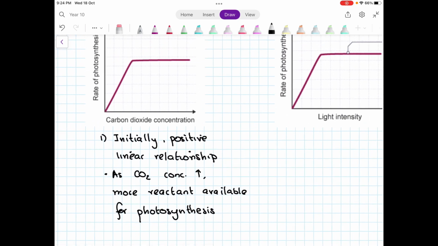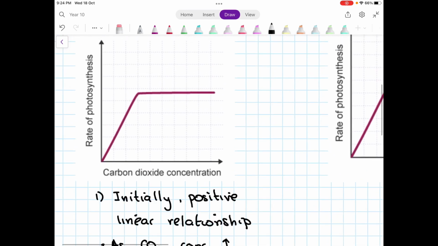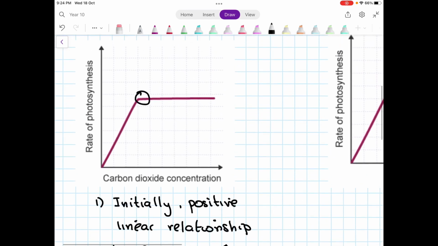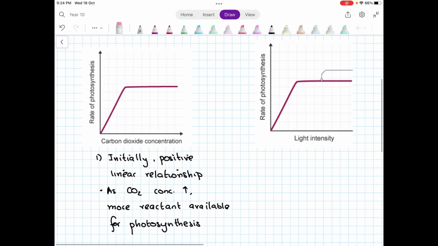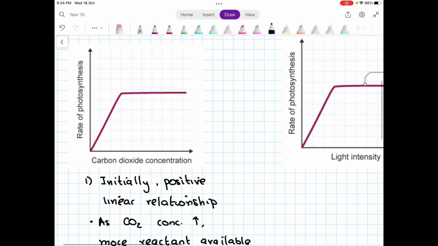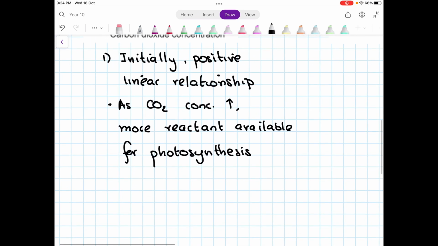Okay, but then at a certain point on the graph, it plateaus, and increasing the rate of carbon dioxide has no effect on the rate of photosynthesis. So that's why we just see a horizontal line on the graph.